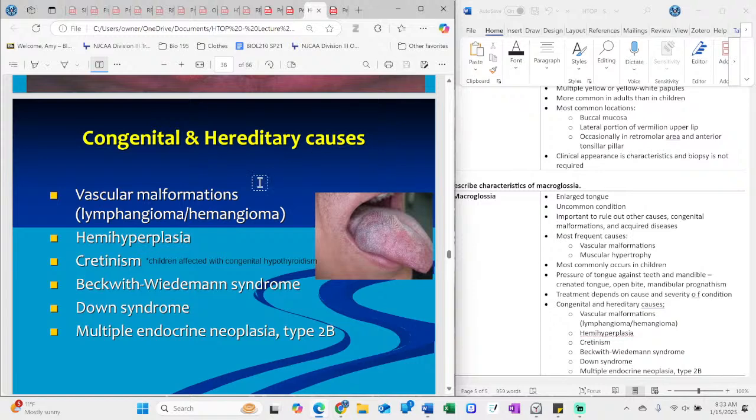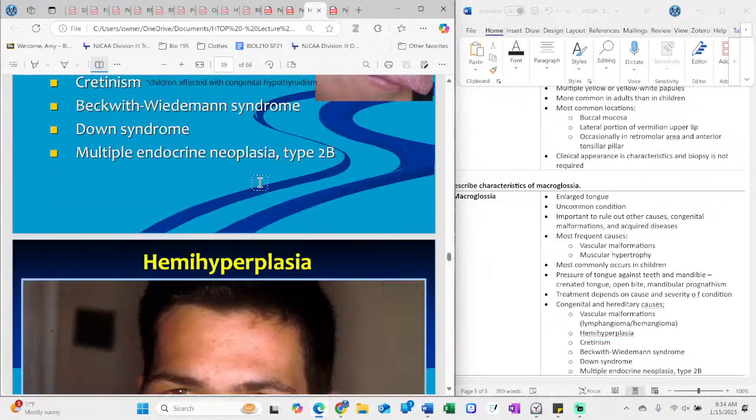And then we have some syndromic conditions, Beckwith-Wiedemann syndrome, Down syndrome, that's common. And then things like, if you remember, MEN2B, multiple endocrine neoplasia type 2B, also sometimes patients with neurofibromatosis NF type 1 can also have macroglossia.